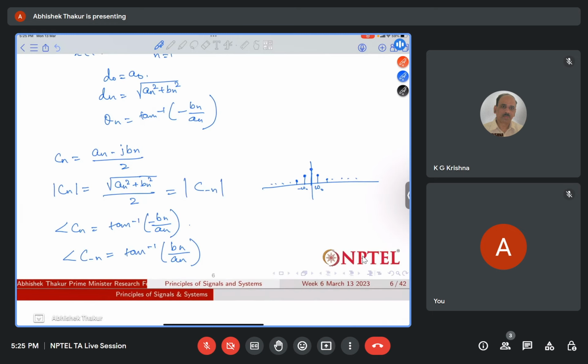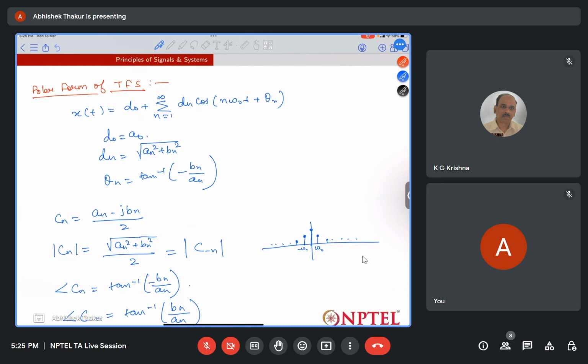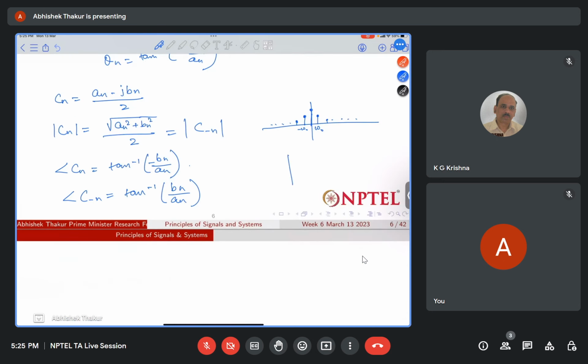So the phase spectrum has odd symmetry: at omega naught, if it is some minus theta 1, then at minus omega naught it will be some plus theta 1. So like this, it will be the odd symmetry.